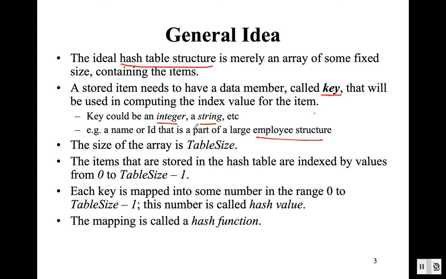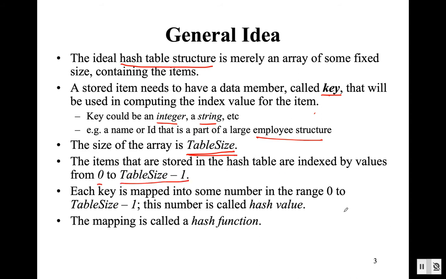The size of the array or hash table is known as the table size. The hash table has a fixed size. The items stored in the hash table are going to be indexed by values from 0 to table size minus 1.